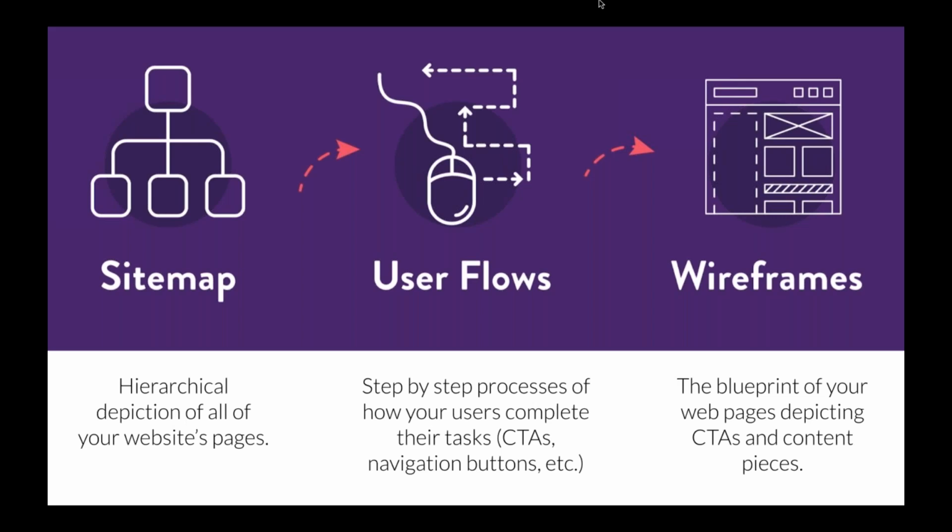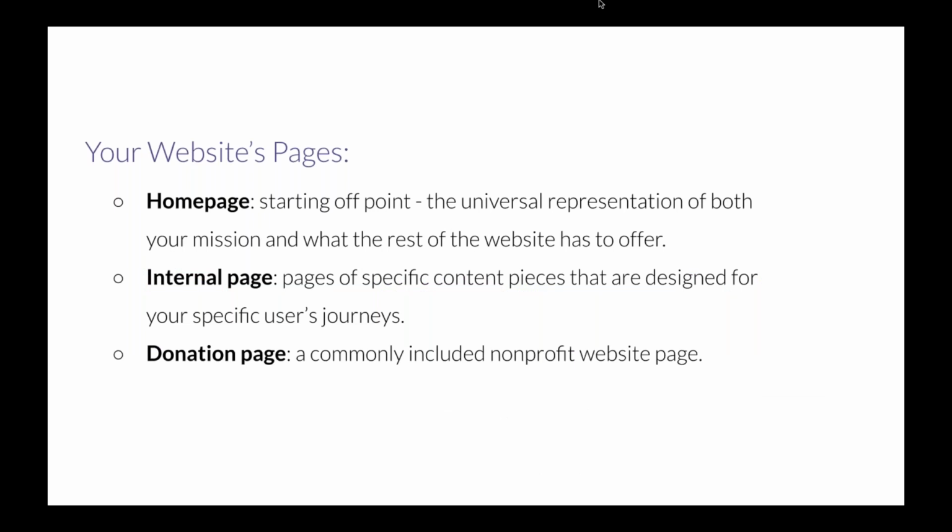From here on out, we're going to look at how to design these layouts and what components you need to include. We're going to go through three different essential pages on your website. Starting with the home page, which is the starting off point. It's the universal representation of your mission and what you stand for. Then we're going to go through some internal pages.